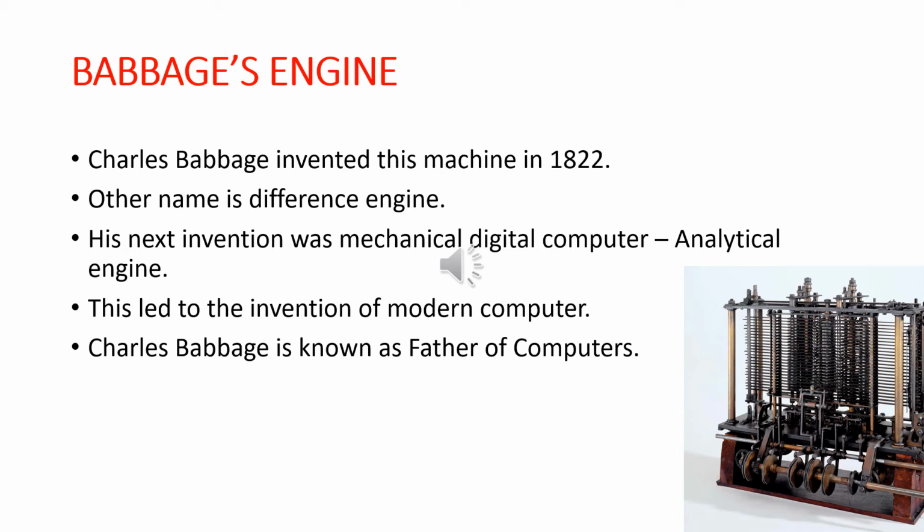In 1823, he thought of a mechanical construction known as a mechanical digital computer. Babbage called this the analytical engine. This provided a base for the development of the modern computer. Charles Babbage is rightly called the father of computers.